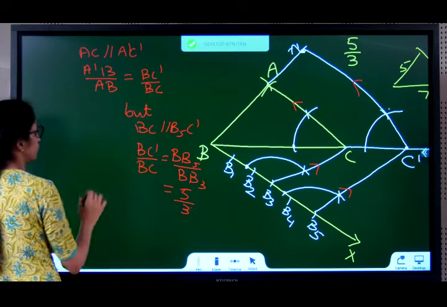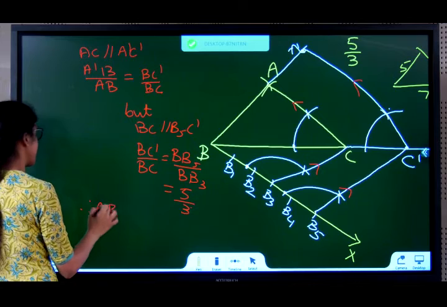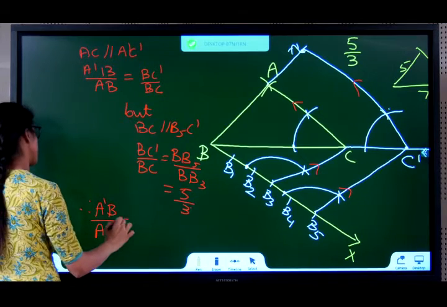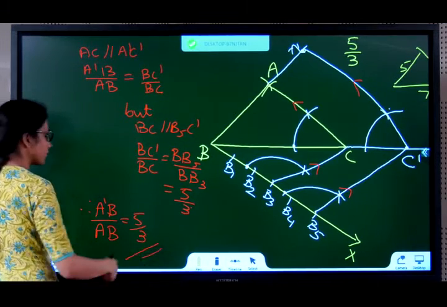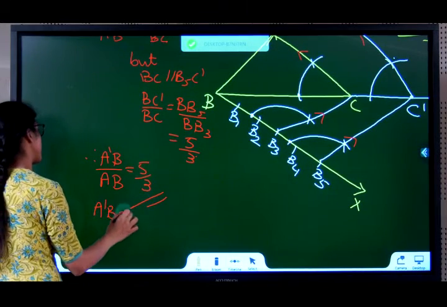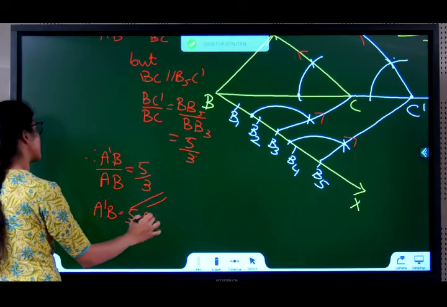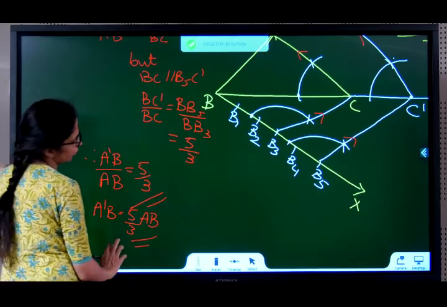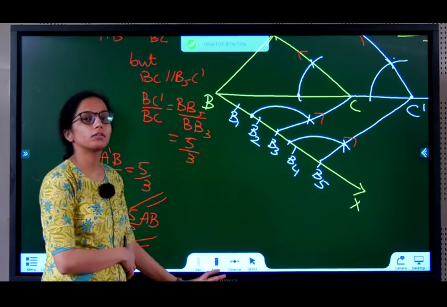This is 5 to 3, this is also 5 to 3. Therefore, A dash B by AB is equal to 5 is to 3. Or A dash B is 5 by 3 times AB. Similarly, the other sides of the triangle are also 5 by 3 times the given triangle.